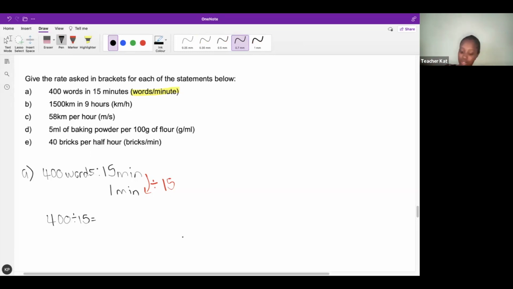Okay, I'm going to check for myself. That is 20. I got 28. Did I just do the wrong calculation? Yes, I did. Of course, I did the wrong calculation. So that is 26.6 words a minute. Now we have a problem with this. Can I have a sixth of a word here?